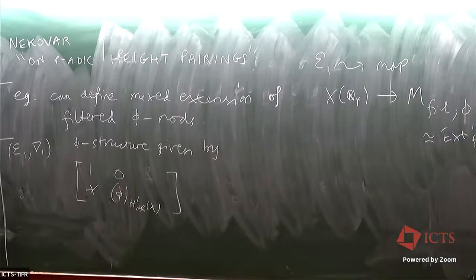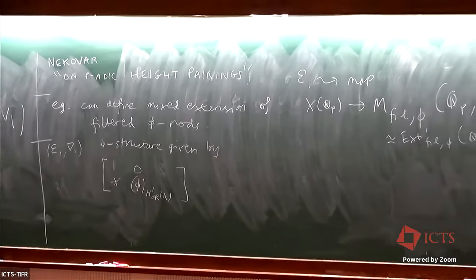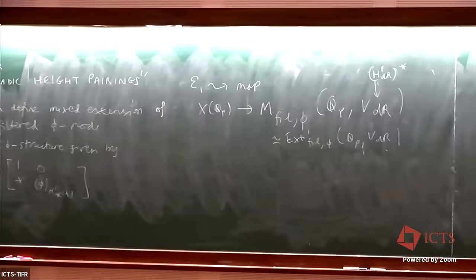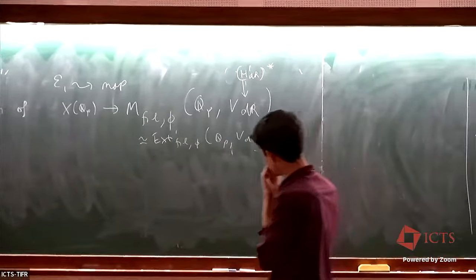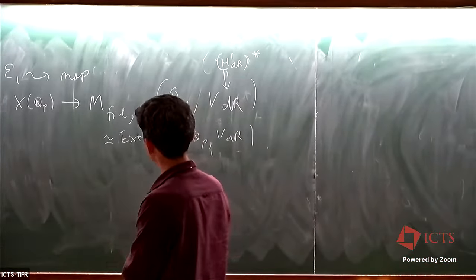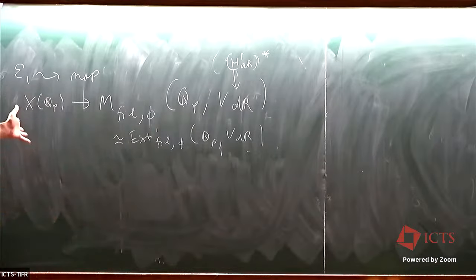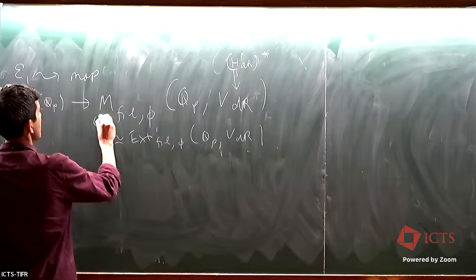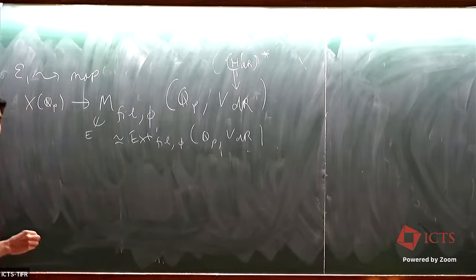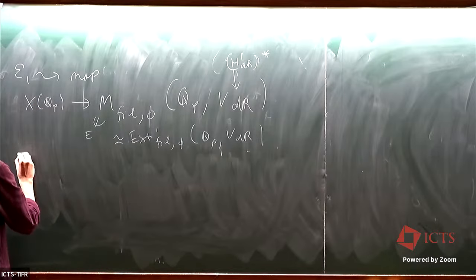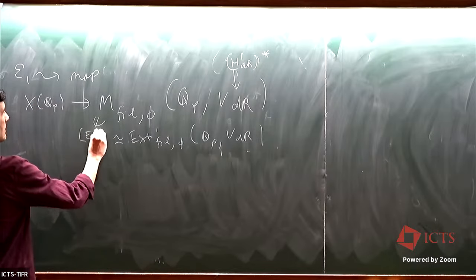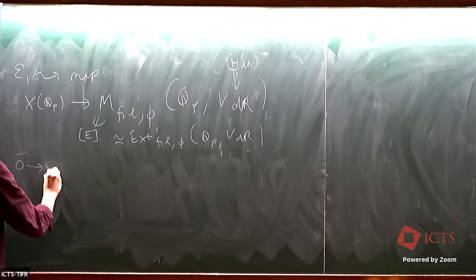So how do we classify these things? Well, actually, we're going to see something very familiar come up. Suppose we have an extension of filtered phi modules, let's say some element E, represented by some extension like this.